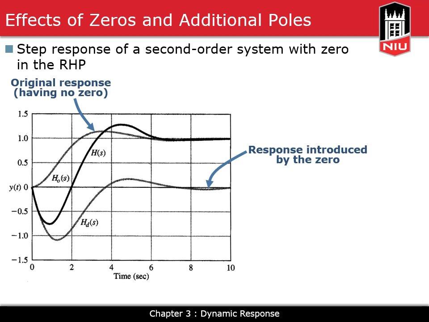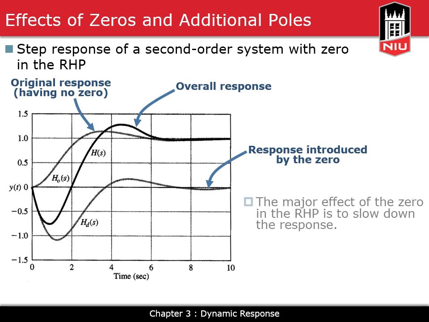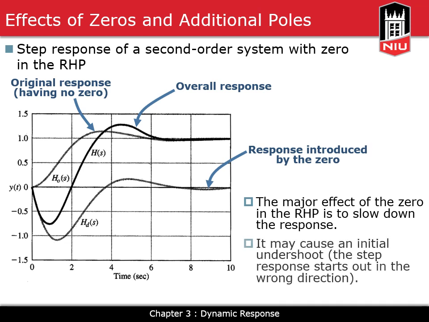That creates an undershoot in the total response. Overall response will start from 0, go into negative values, and then come back up. So the summary is that the major effect of a zero in the right half plane is to slow down the response, and in many cases it may also cause an initial undershoot, going below 0, into negative values.